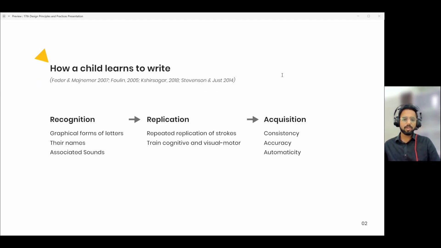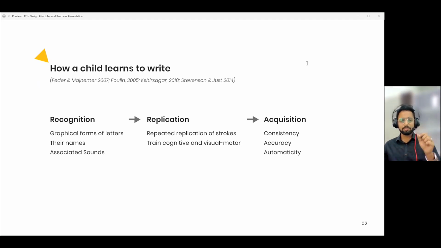So we looked into how a child actually learns to write, and several studies have worked on this area, and they predominantly tell us that the learning begins with the recognition of the visual or graphical characteristics of the letter form. The children understand their names and the sounds that those symbols actually represent, and then they try to replicate these strokes or letter forms repeatedly in order to train their cognitive and visual motor memory.